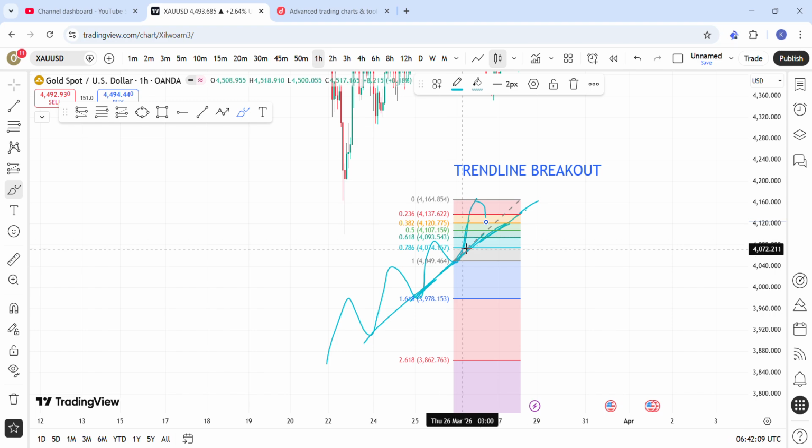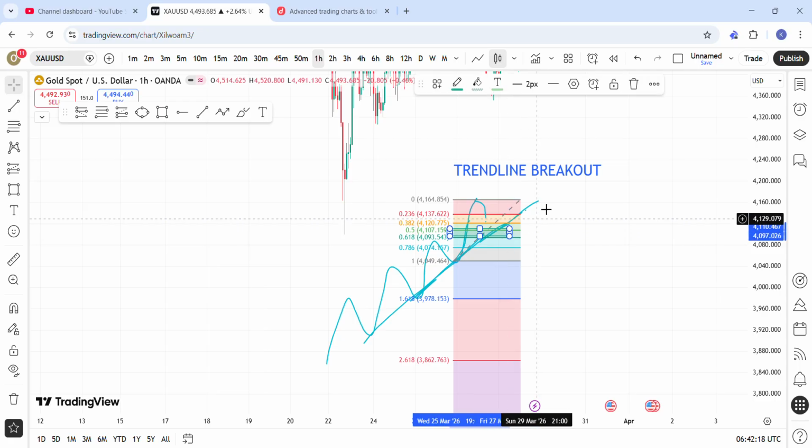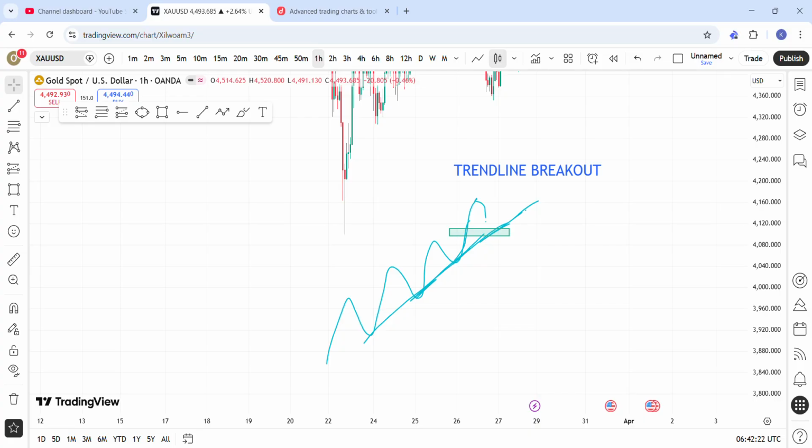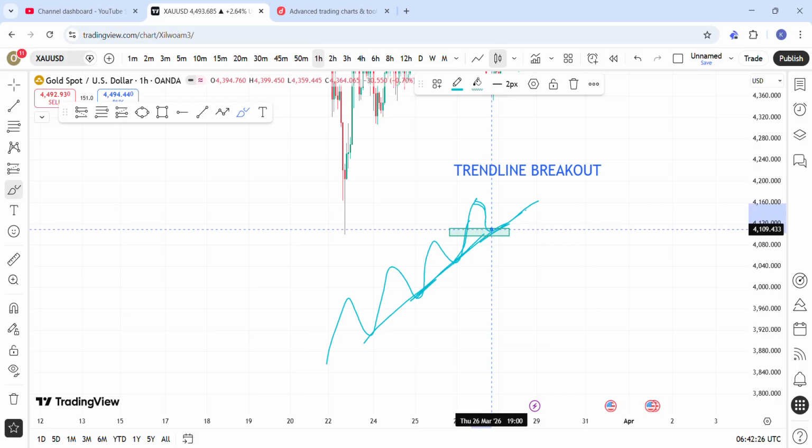Mark out the 50 and 61.8 zone, which is this. See the 50 and 61.8. Okay, so price will come back to this zone.